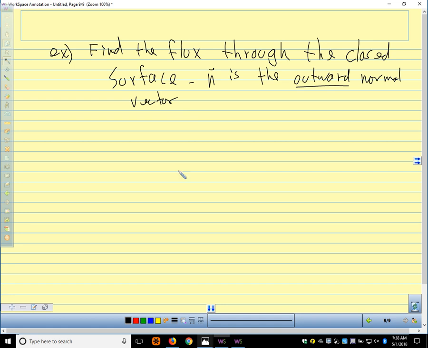The other way you would be asked this question is the integral of f dot n dS. That circle represents a closed surface.